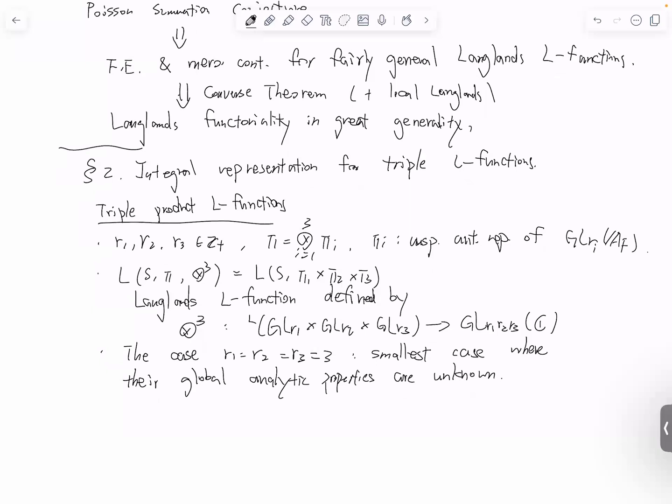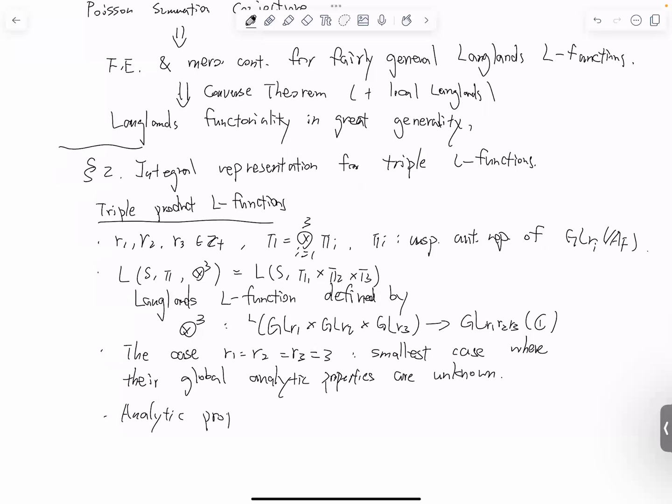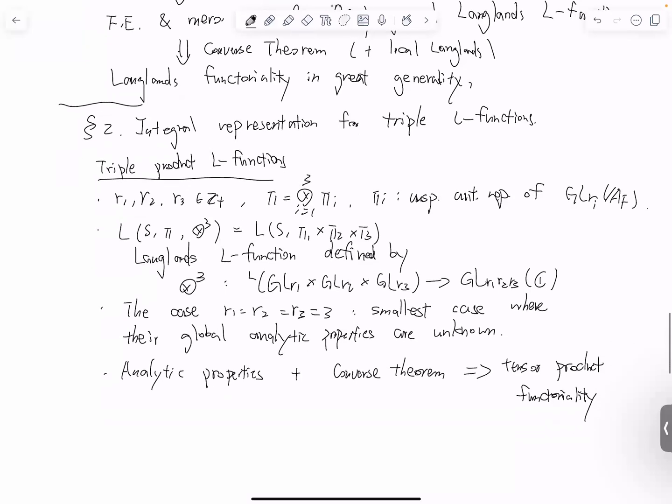And as I just said in the motivation part, if we have the analytic properties plus the converse theorem, then in this case we can prove the tensor cube functoriality. So this is the motivation for this case.